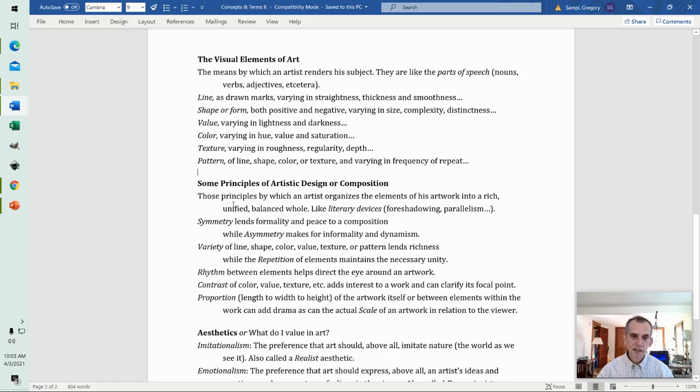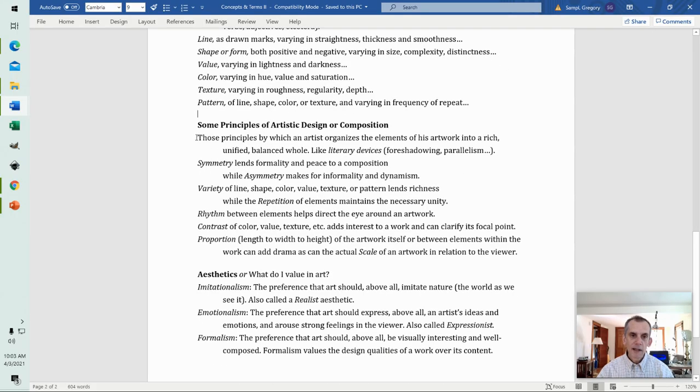And the second question, could a single artwork contain all these principles of design? Every one, symmetry and asymmetry at the same time, variety, repetition, rhythm, contrast, proportion. Artworks don't normally have all these things, but could they theoretically? Okay, and I'll leave time for that.